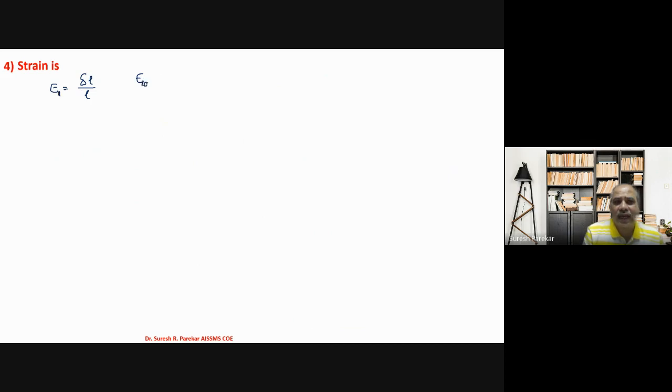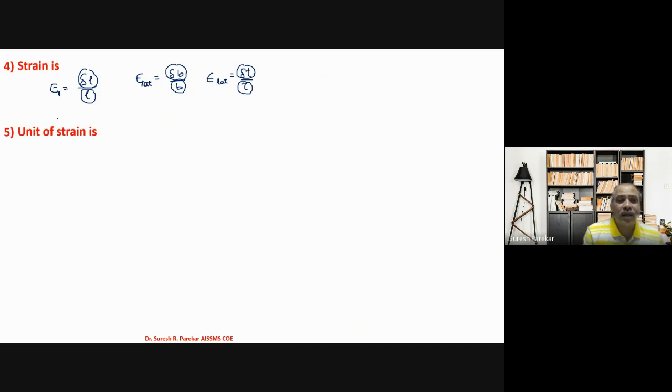If I say lateral strain, then I have delta B by B, or epsilon lateral, and I can have delta T by T. So all strain we define as change in dimension, which may be along length, along width, or along thickness, divided by the original dimension, respectively length, width, and thickness.